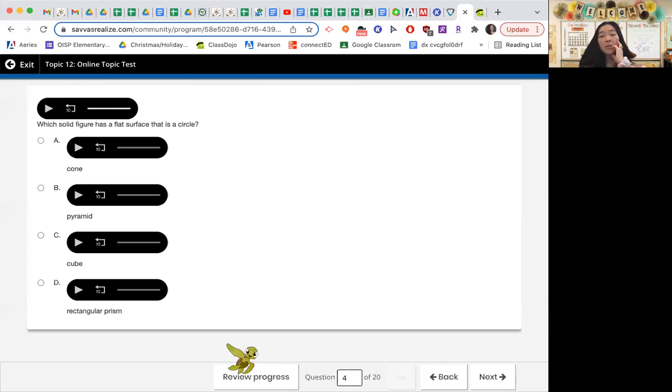What do you think, Margot? Say it again. A cone? A cone, very good. A cone looks like this, right? So if you were to stamp this part of the flat surface of the cone onto a piece of paper, it would make a circle.